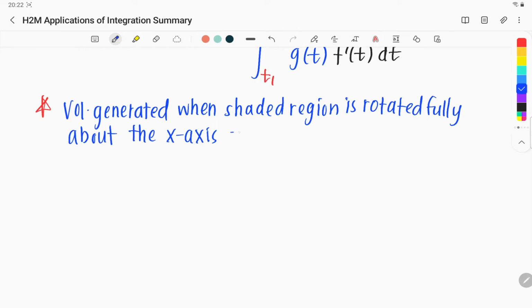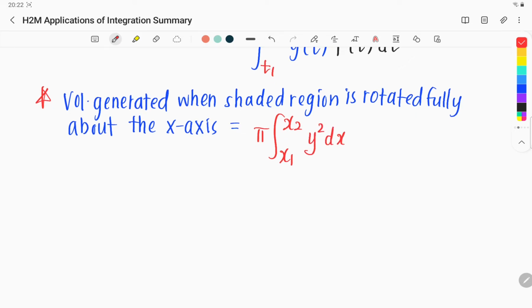Do note that you need to know this formula. Very important, so I'm going to write it in red. Pi integrate from x1 to x2 y squared with respect to x. So that will be your volume of revolution formula about the x-axis.